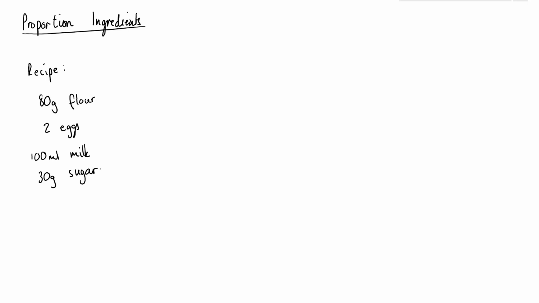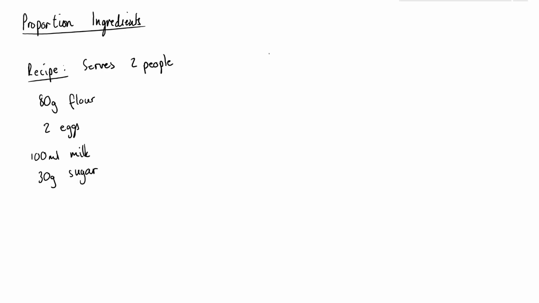But this recipe is for one cake that serves 2 people. So it's a relatively small cake. Okay, we only have 2 people that would be able to eat this cake.